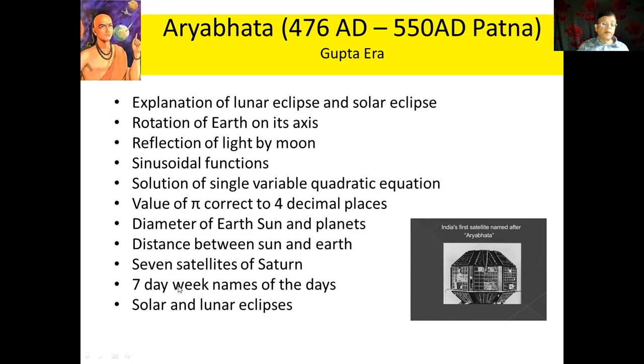And the 7 days of a week, the names of the days were given by Aryabhata. And then solar and lunar eclipses he defined. So much was the contribution of Aryabhata. You can Google and read about him. Actually, the first satellite that the Indian space program sent was named Aryabhata, after this genius.